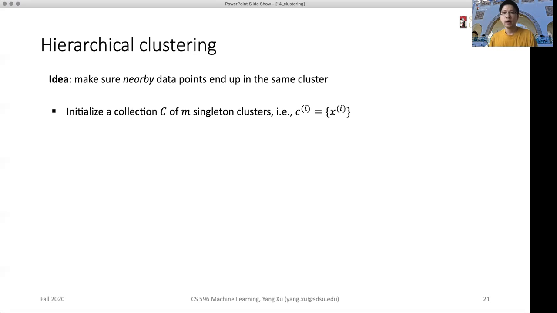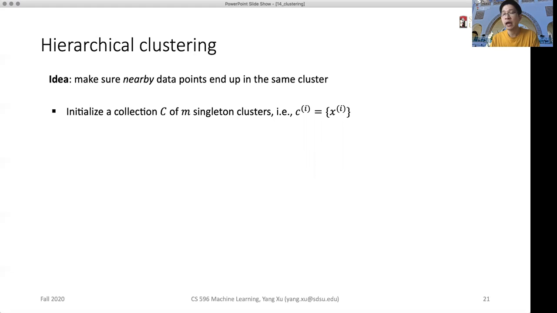The implementation relies on some data structure like disjoint sets, but we'll focus on the procedures rather than the implementation details here.